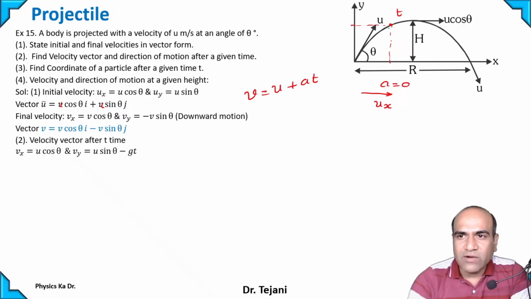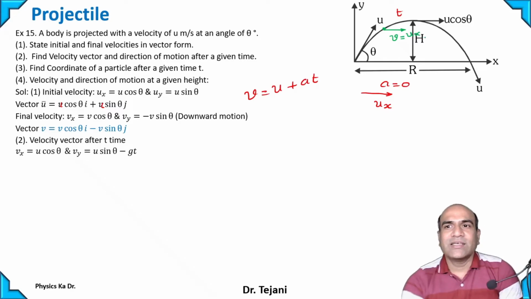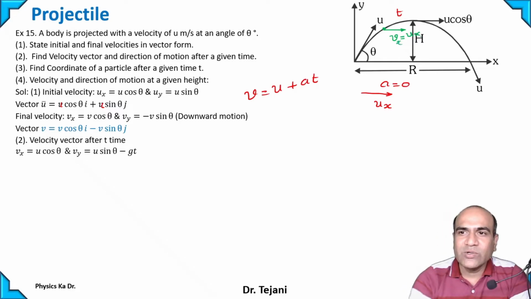If you want to have our values at a particular point, I can take V after some time. So V is equal to Ux plus AT in the horizontal direction. But acceleration is 0 for the horizontal component x.